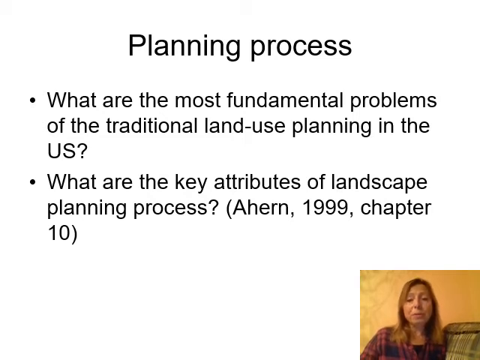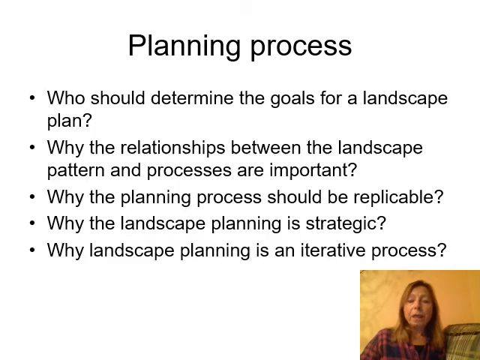The required chapter by Ahern explores quite well what are the key attributes and what are the key steps of the landscape planning process. So we are going to look at those steps more in depth as we are preparing to complete Lab 4. As you are going through chapter 10, make sure to be able to answer those questions.